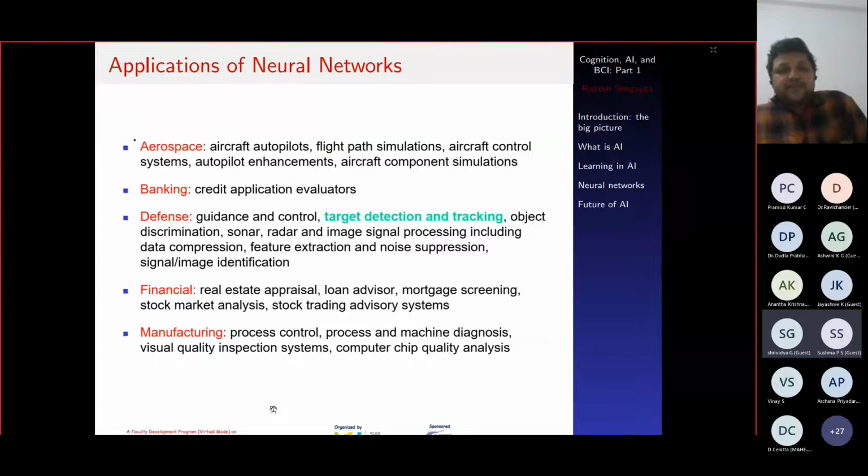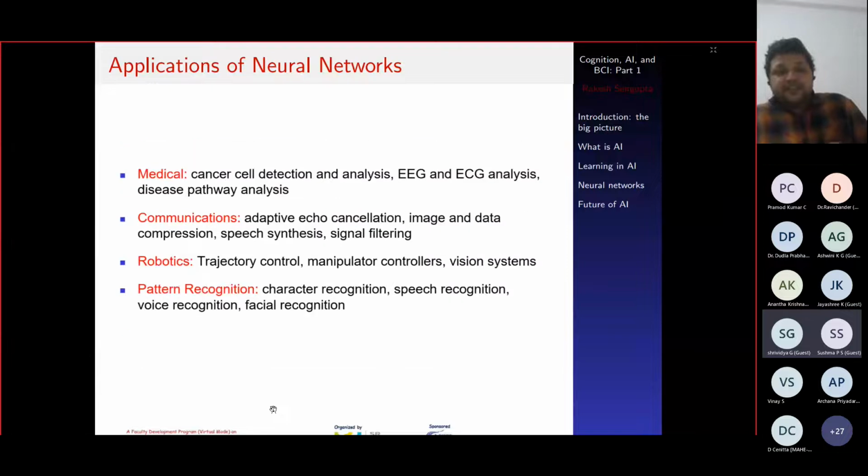They have applications in aerospace, banking, defense, financial, manufacturing, as well as biomedical and medical image analysis, including brain-computer interfaces, robotics, pattern recognition, in anything that you can think of.